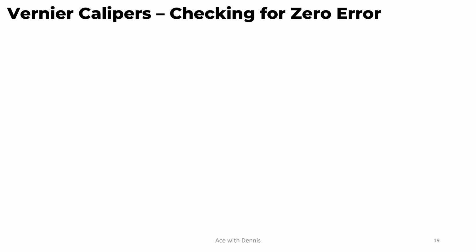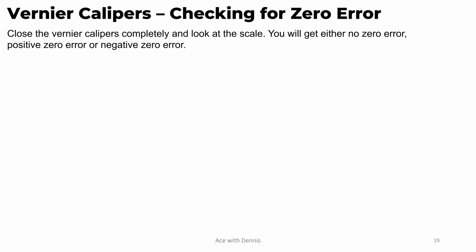Now let's talk about how to check for zero error on vernier calipers. First, we need to close the vernier calipers completely and look at the scale. You will get either no zero error, positive zero error, or negative zero error. For no zero error, this is how it looks like.